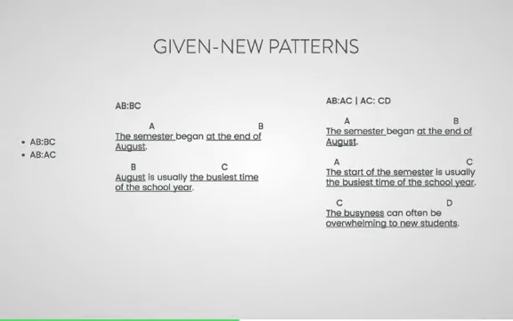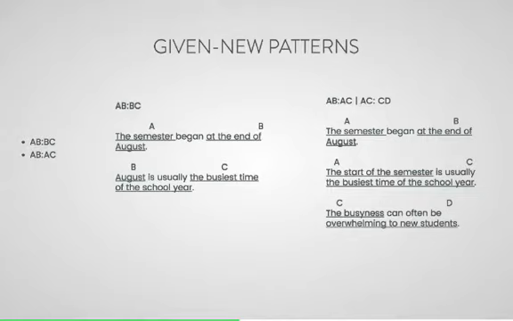We can look at an example of ABAC in the first two sentences. I also added an ACCD pattern to look at how the second sentence connects to the third sentence, just to show you that this doesn't just occur between two sentences in isolation, but can occur throughout an entire paragraph.